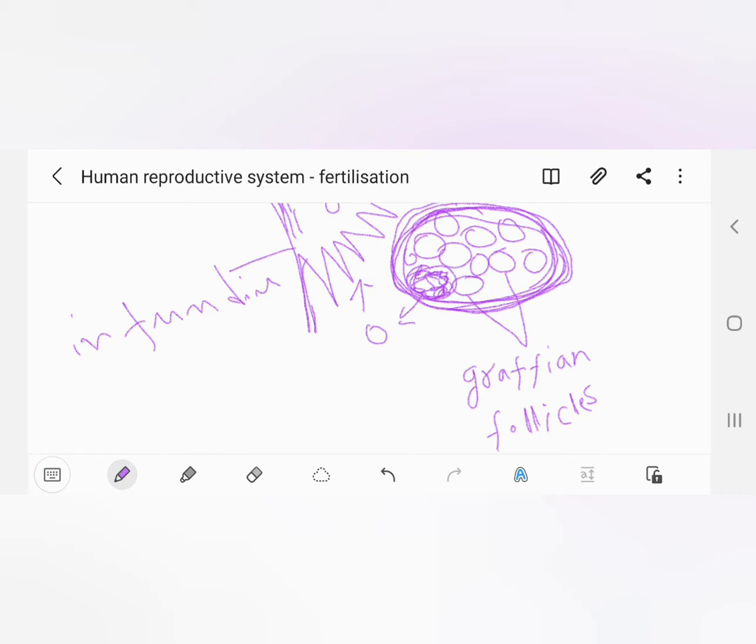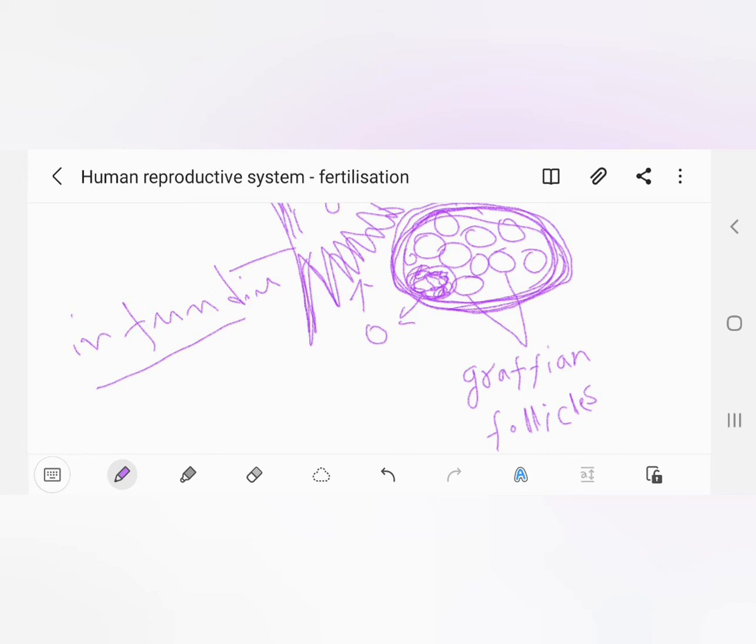The released ovum will be extracted into the fallopian tube, especially the first part of the fallopian tube, which is called the infundibulum. The finger-like projections present at the beginning of the infundibulum extract the ovum into it.